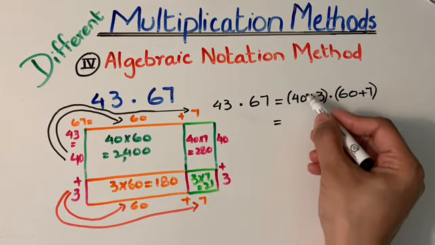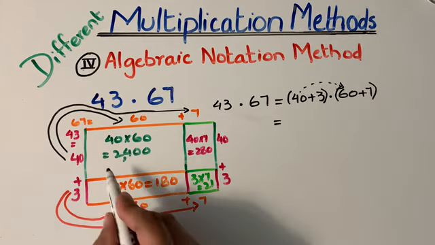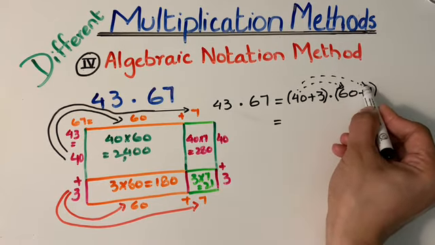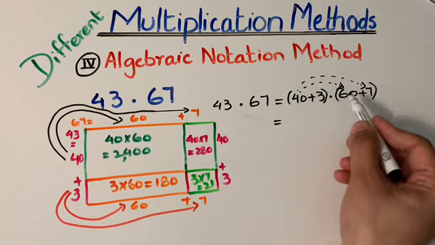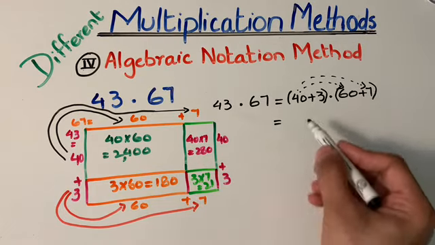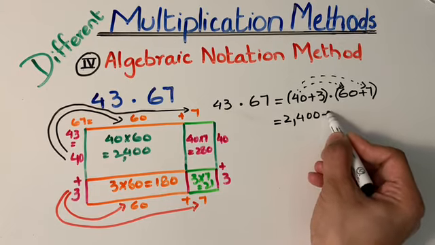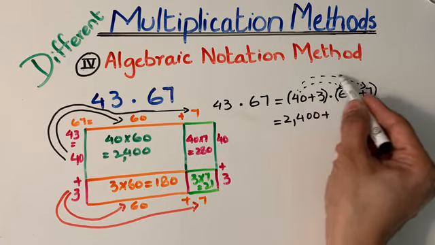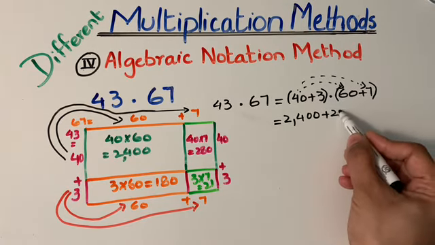Here I'm going to multiply 40 by 60 first, like we did here, and then 40 by 7. So 40 by 60 means 2,400. Okay, now move on to the next step. 40 times 7. 40 times 7 is 280.